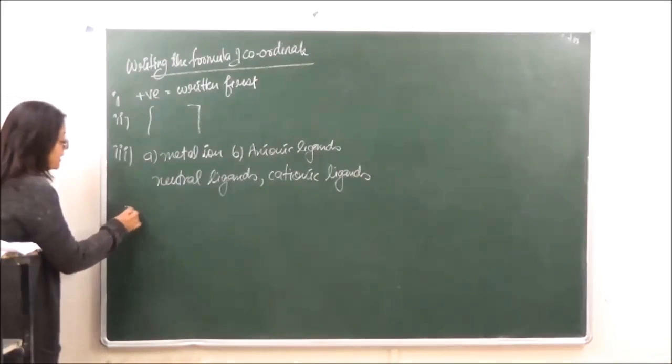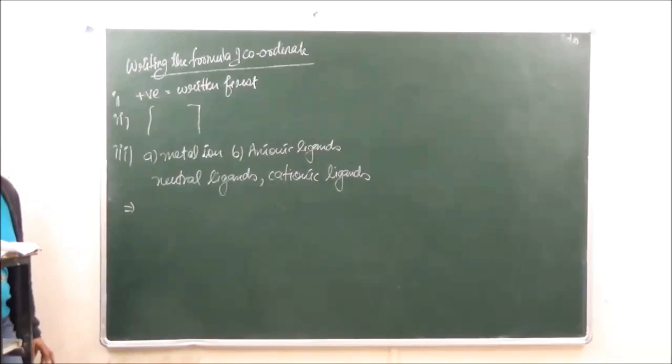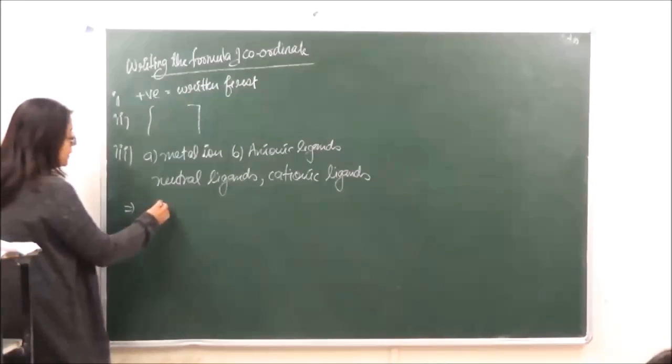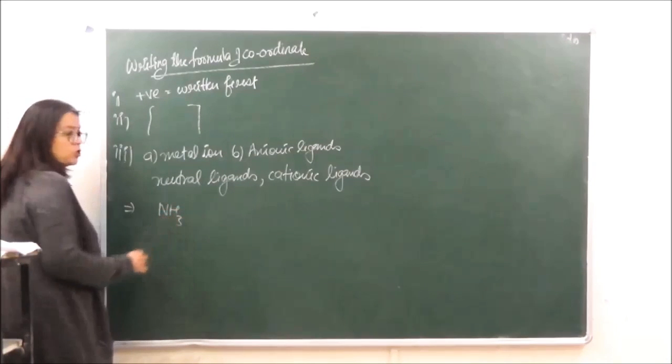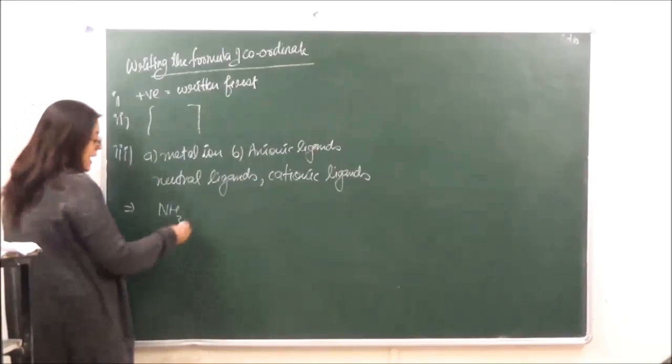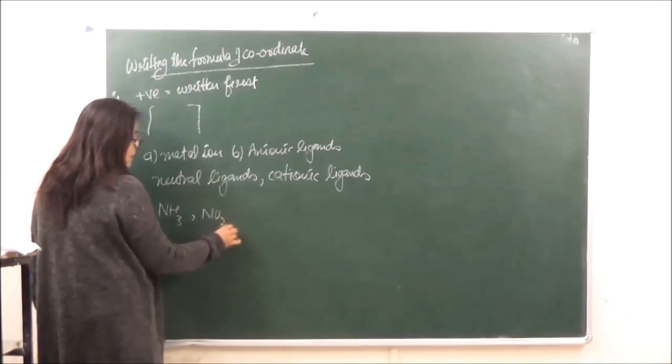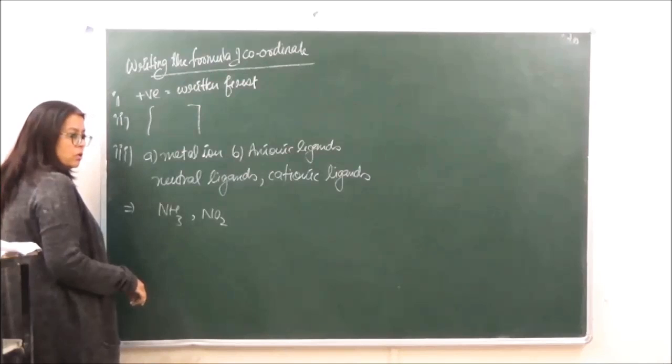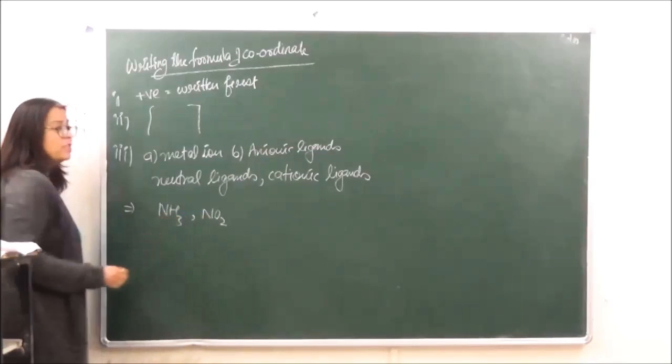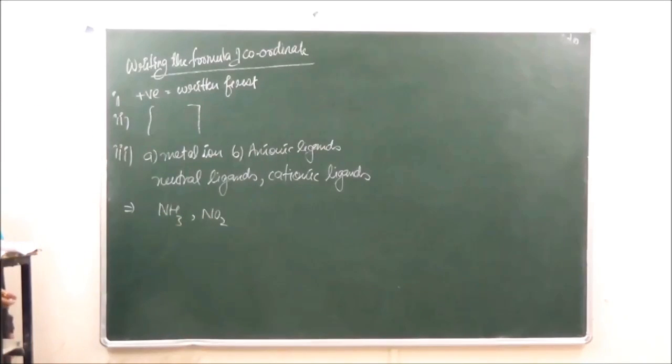Okay? Now if in case there are a number of ligands of the same type present, then how are you going to name them? Like for example, we have NH3, right? And we have NO2. Okay, so in this case, you need to place them alphabetically.